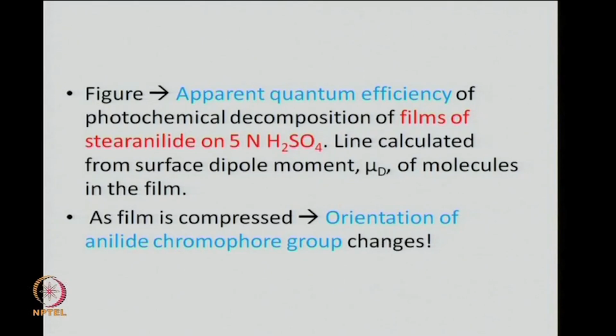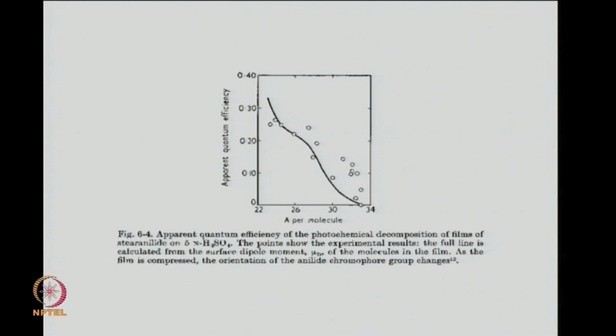So, it clearly shows the apparent quantum efficiency of photochemical decomposition of films of stearinolite on 5-normal sulfuric acid. The lines are the theoretical calculations based on the surface dipole moment mu d of the molecules. And as the film is compressed, the orientation of the anilide chromophore group changes and you get the expected increase in the apparent quantum efficiency.